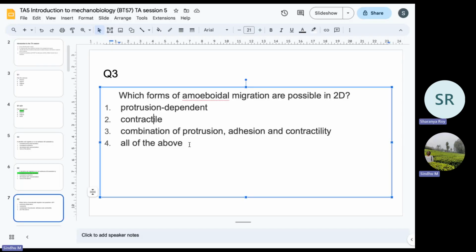Please type the answer for the third question, then we can discuss it. Ma'am, the question is not showing, it's loading. Maybe it's some network issue from your side. I'll copy paste it in the chat box. Yes, now it's showing, no need to copy paste. I think in slideshow mode it is not coming properly, so I'll keep it without slideshow mode.